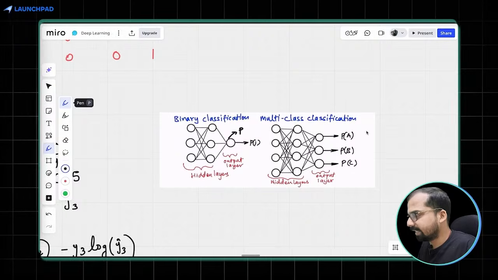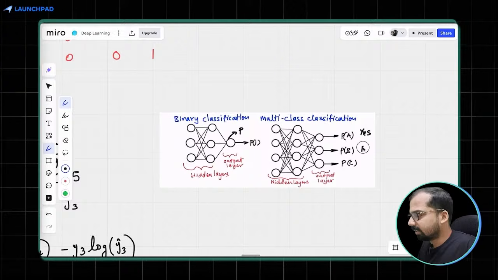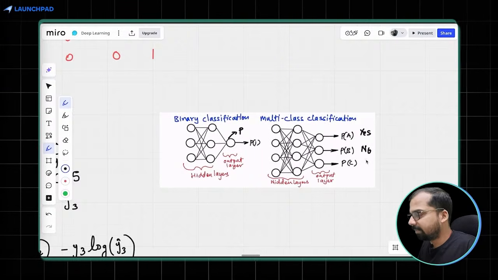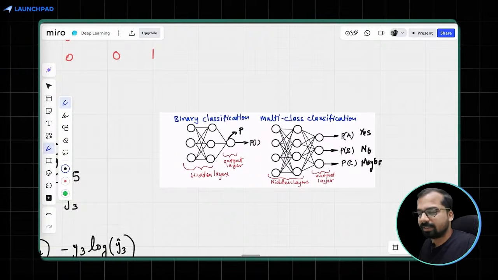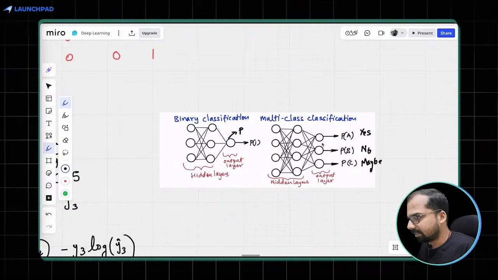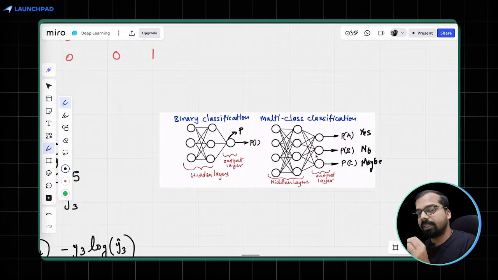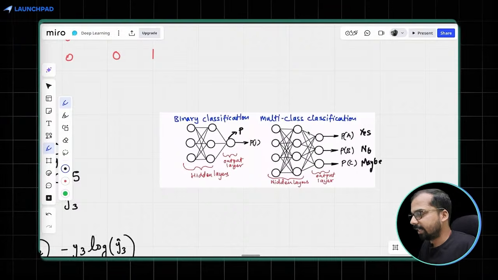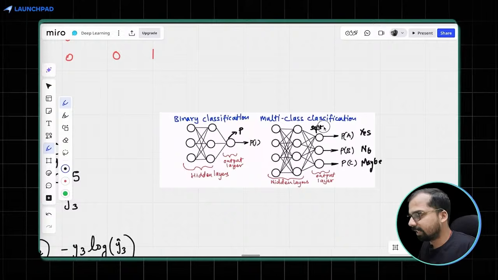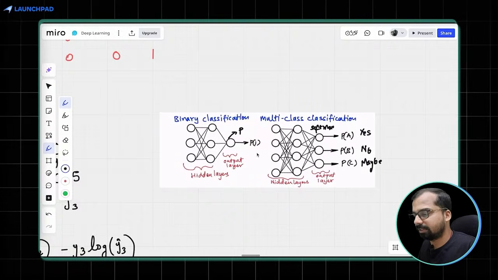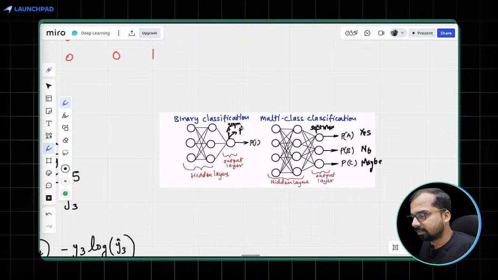PA gives me the probability of yes, PB gives me the probability of no, and PC gives me the probability of maybe, neither yes nor no. So I will have 3 neurons in the final layer, and here we use softmax. Each node in the final layer will have a softmax activation function, whereas in binary classification the final layer node has a sigmoid activation function.